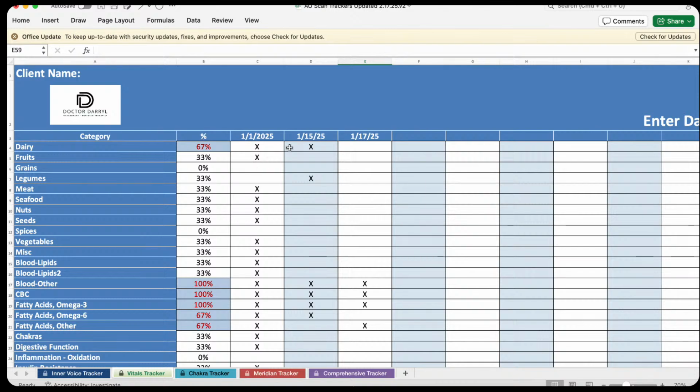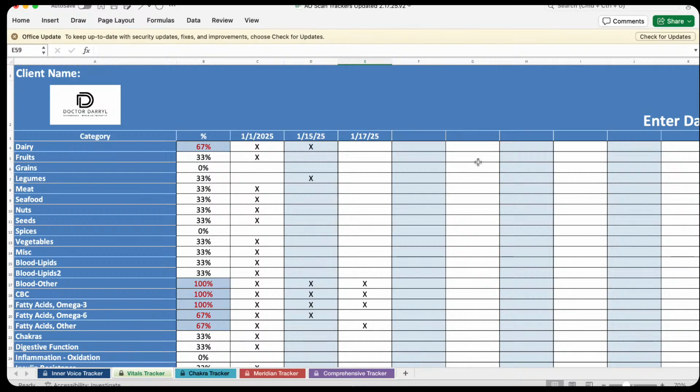And then you start inputting things here. The very first time you put something in, if you put an X in fruits, in grains, and there's only one thing there, everything is going to show 100% because you only have one tab. At the very beginning, everything that you put an X in is going to be 100%.